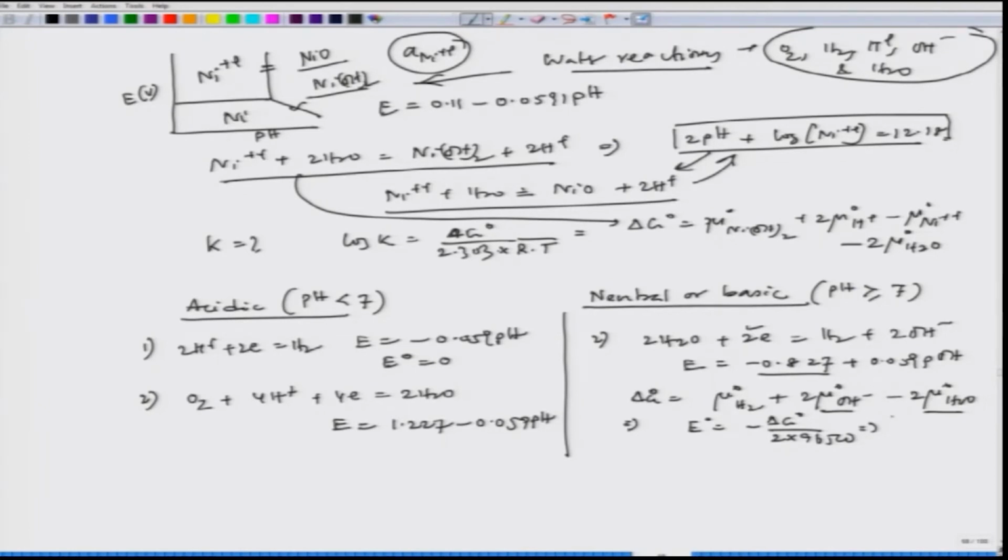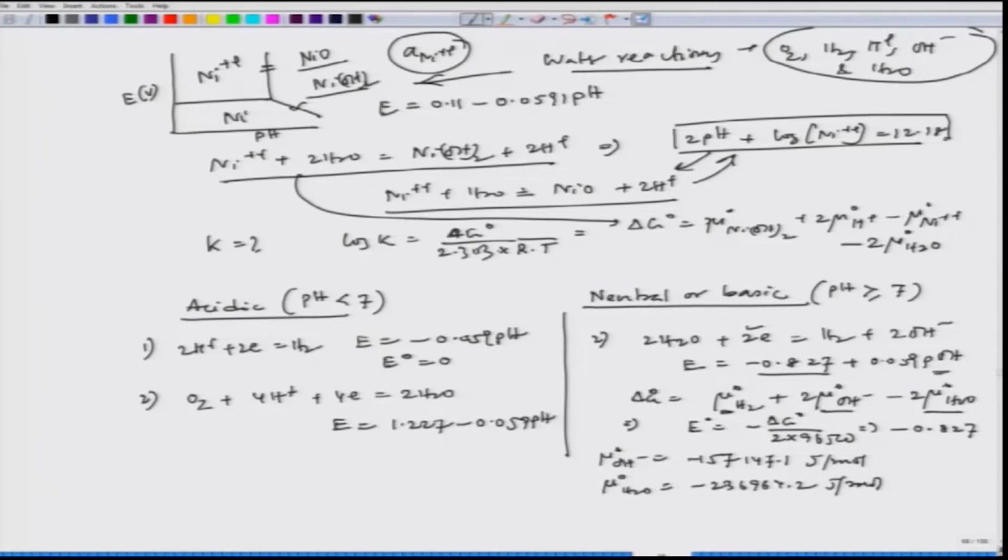So, let me iterate the same values once again. mu0 OH minus equal to minus 147.1 joule, and mu0 H2O equal to minus 236964.2 joule per mole, and of course this quantity is 0, and you get minus 0.827.